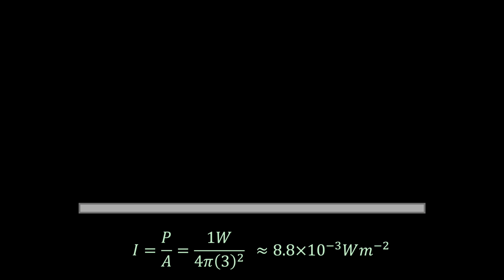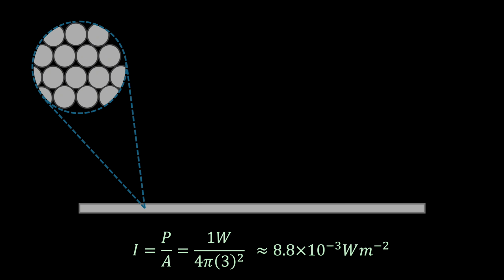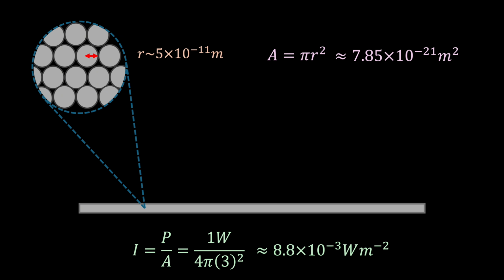Now imagine that a single electron absorbs energy from a tiny patch of the wavefront of atomic size with radius 5 times 10 to the minus 11 meters. The area of this patch will be equal to pi r squared, which is equal to 7.85 times 10 to the minus 21 meters squared.